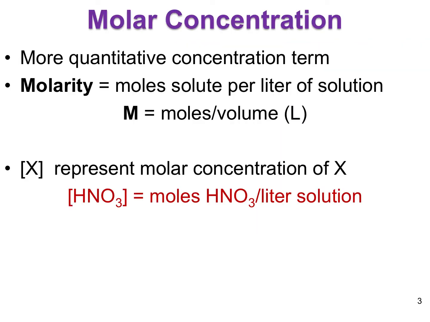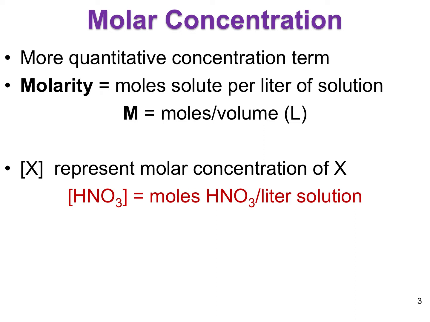Molar concentration, or molarity, is the number of moles of solute per liter of solution. It is represented by a capital M. Mathematically, molarity, M, equals moles, n, divided by volume, V, in liters.